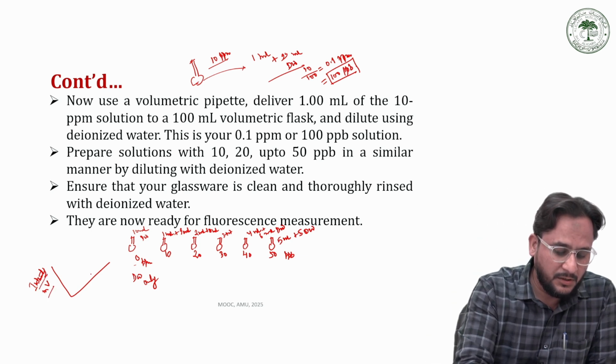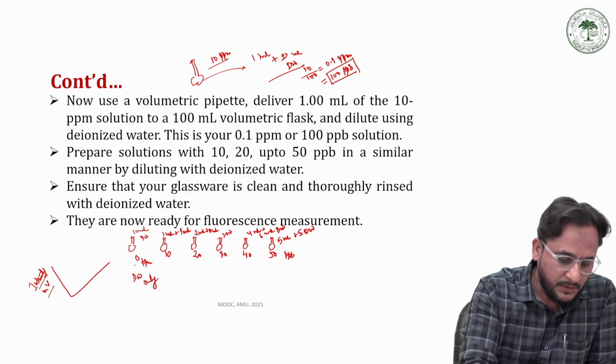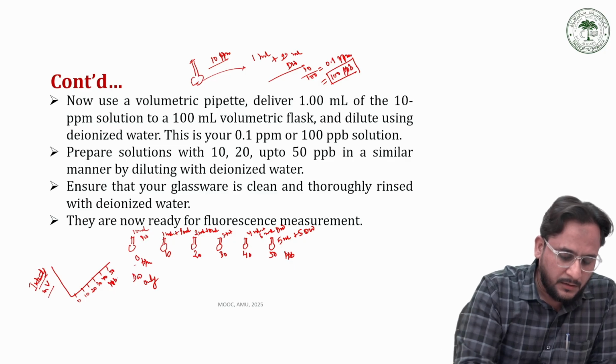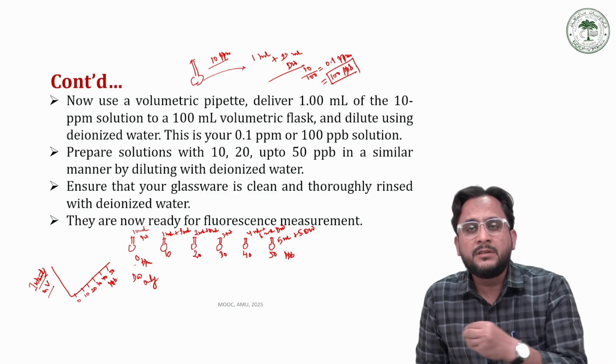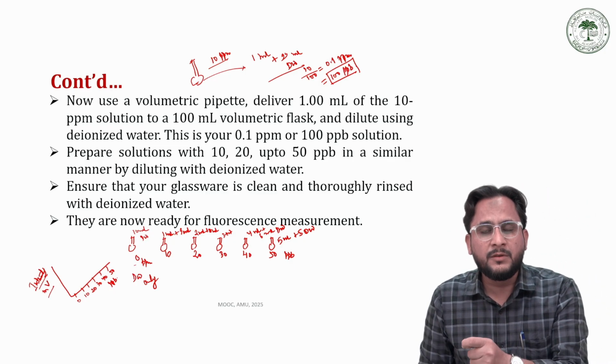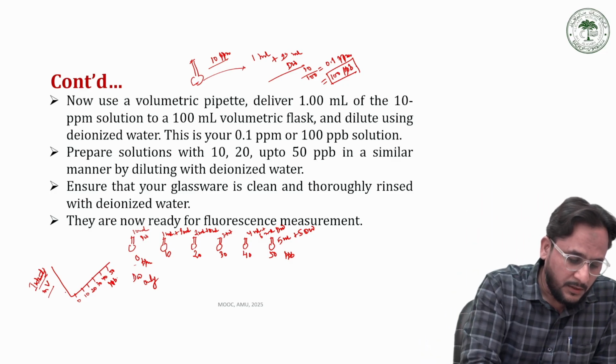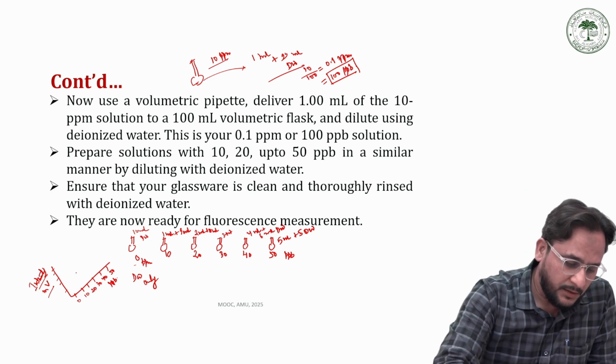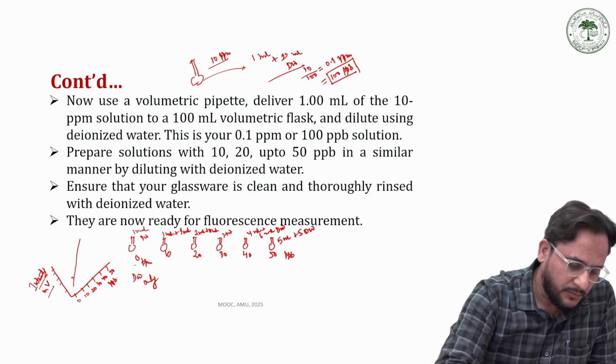This is intensity in millivolts. Then we have 0, 10, 20, 30, 40 and 50 ppb. The corresponding signals will be measured from the fluorescence measurements using the spectrofluorometer. Those signals are plotted here, and finally a straight line is observed.